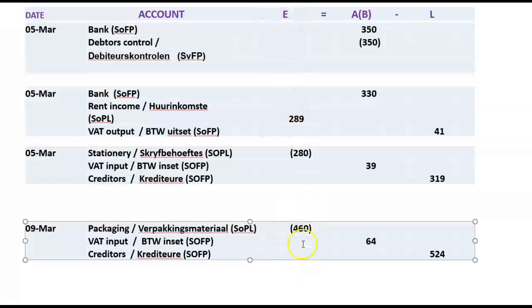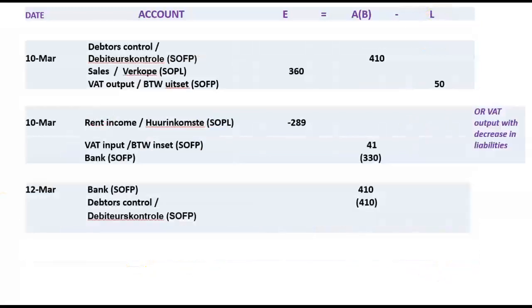So it's a reduction of equity of 460 Rand. 460 times 14% is the VAT input that we can claim. So that is 14% of 460 Rand. And then creditors is going to be credited, so our liabilities will increase with the full amount: 460 Rand plus 64 Rand equals 524 Rand.